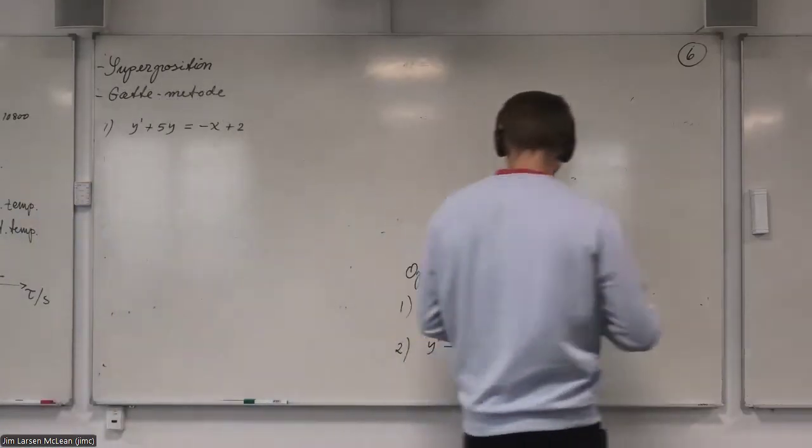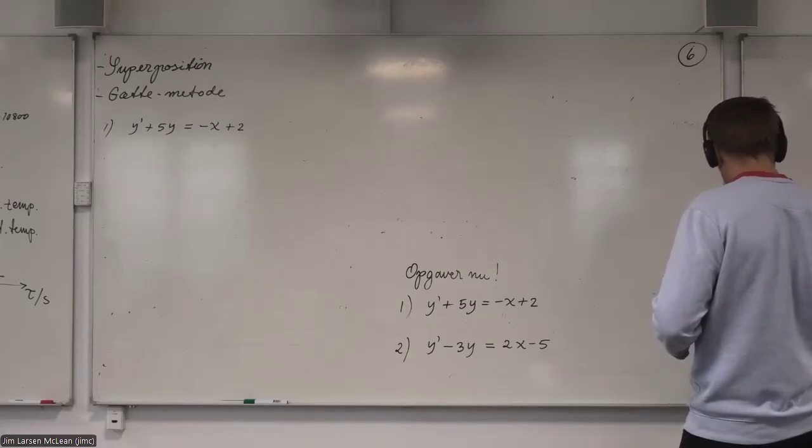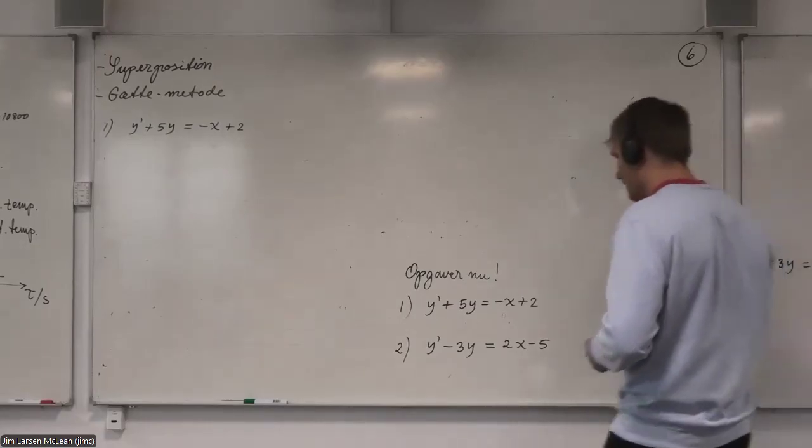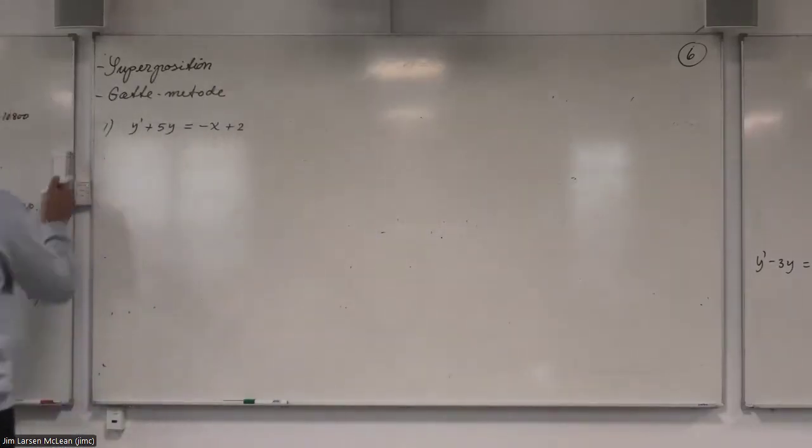And the other one, I'll just write it over here so I can erase it: y prime minus 3y equals minus 5. Okay, let's try to solve that one first.